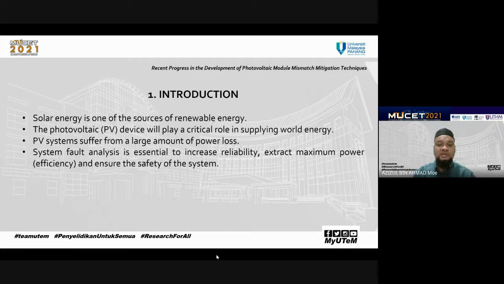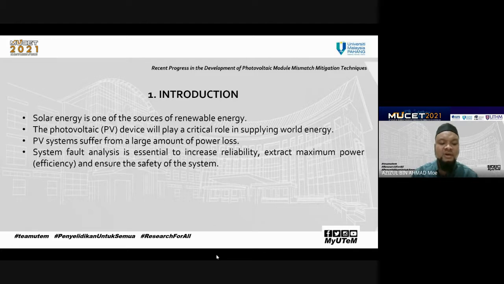As an introduction, solar energy is one of the sources of renewable energy that does not produce any environmental pollution. The photovoltaic (PV) device will play a critical role in supplying the world's energy demand. Owing to different fault occurrences, both internal and external in the system, PV systems suffer from a large amount of power loss.